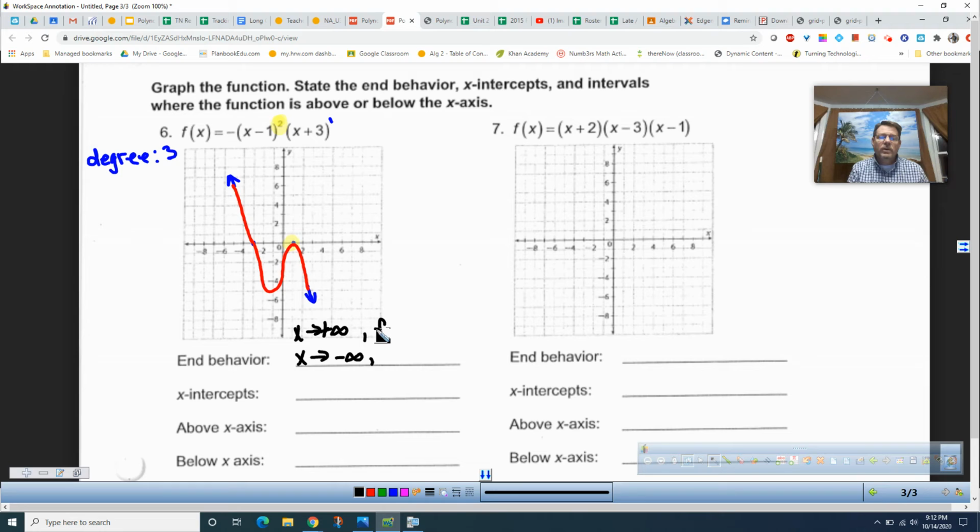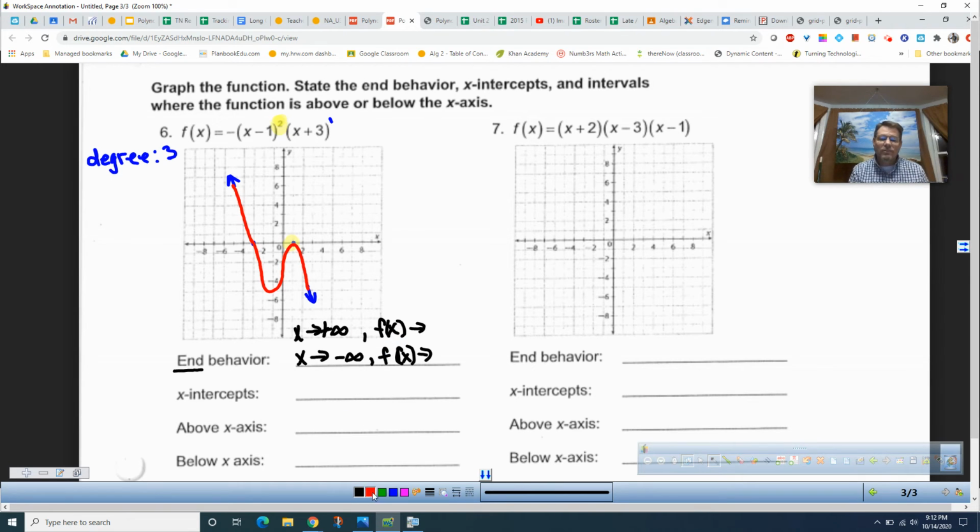And then we're going to go f of x, also known as y. Okay, so here we go. As we go to the right, and again, we're talking about the end behavior, I don't care about the squiggly stuff in the middle. So that blue arrow is what I'm talking about. As we go to the right, y, is it going up or down?